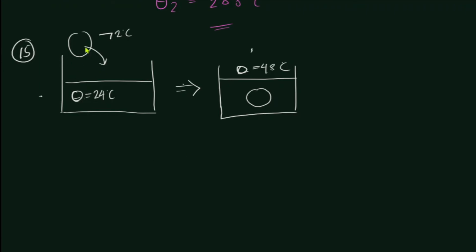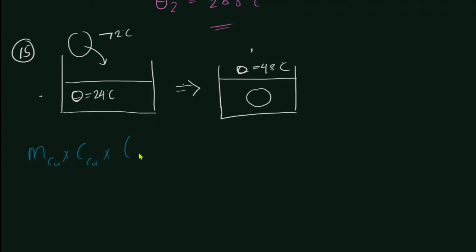Heat given by the sphere. Let's assume the mass of the sphere is m. Since it's a copper sphere, let us give the symbols: the mass of the sphere is mcu, and the specific heat capacity of the sphere is ccu.